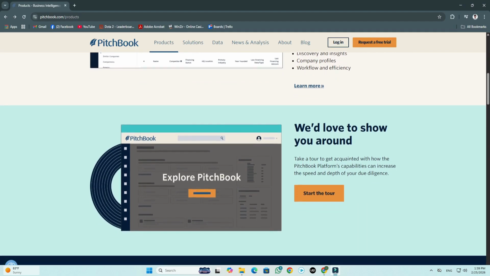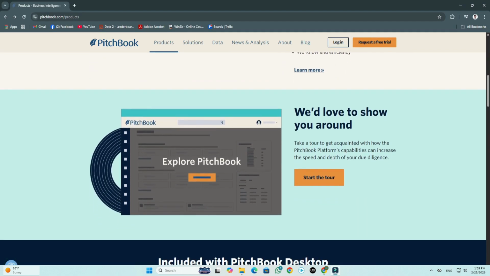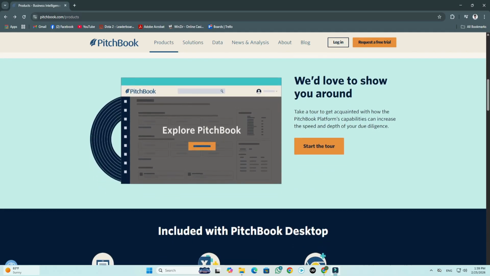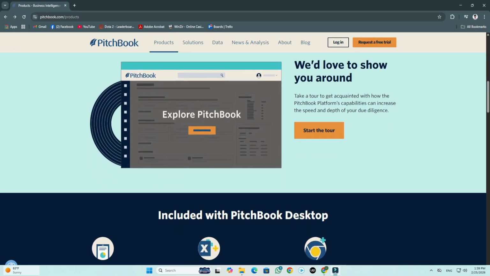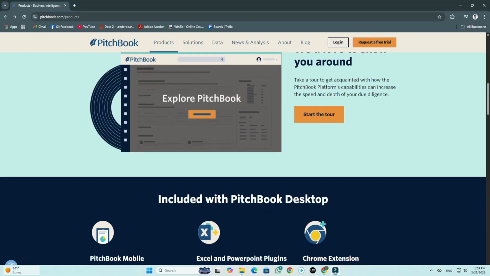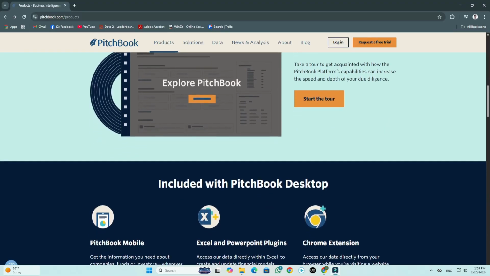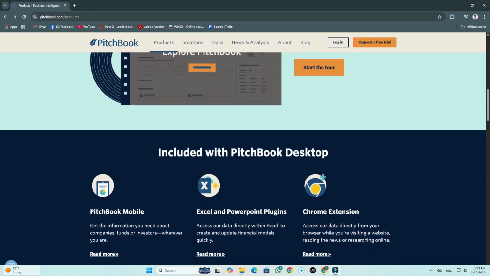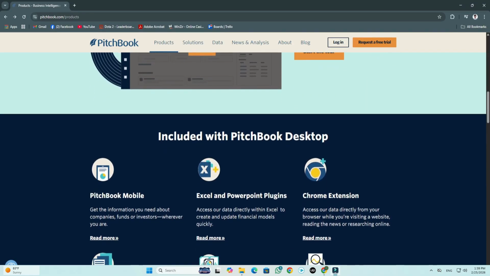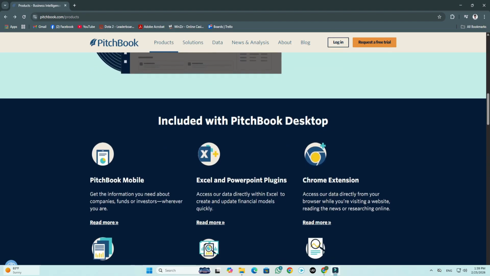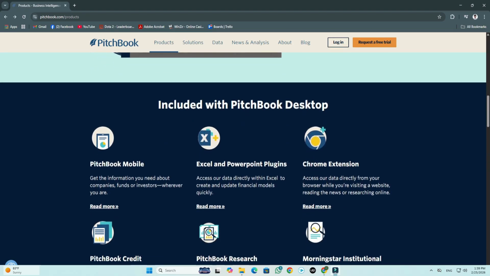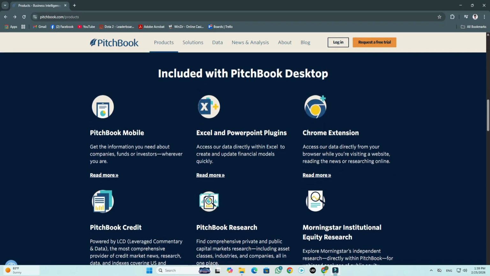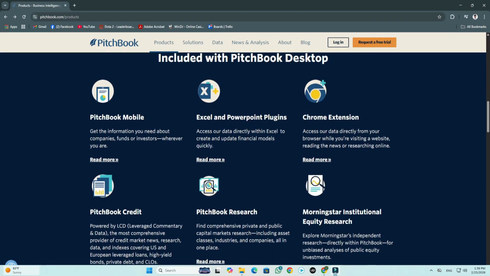Another key feature is the market trends, emerging technologies, and competitive mapping. PitchBook provides regularly updated analyst reports and market maps covering trends in emerging sectors like AI, fintech, health tech, clean energy, and more. These insights help you understand the macro view of where capital is flowing and how sectors are evolving.